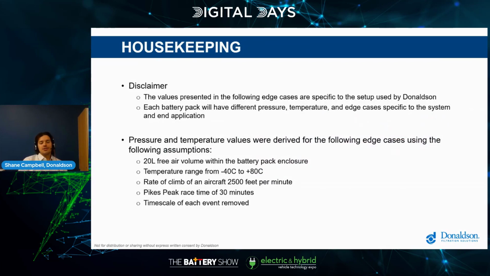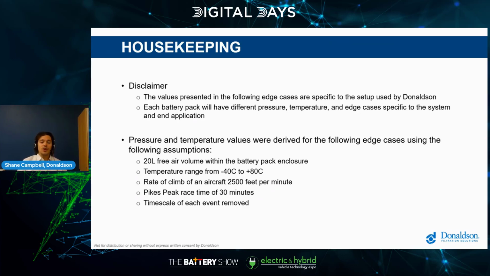Before we dive into these edge cases, just a little bit of housekeeping we need to do. All of these edge cases are very specific to our setup used at Donaldson for testing, and each battery pack and vehicle will have different pressure, temperature, and edge cases unique to that application.